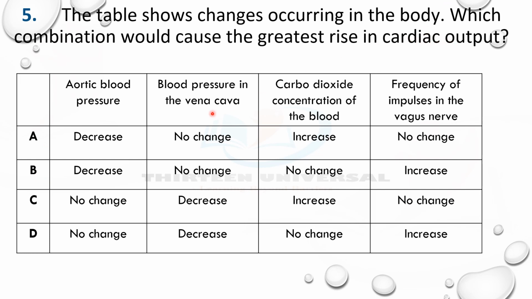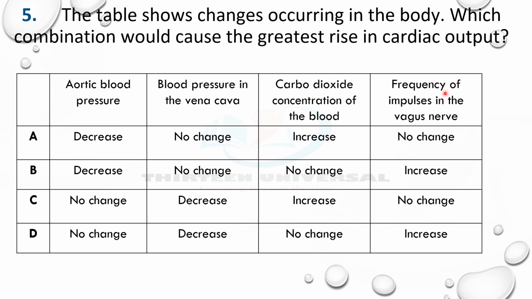Because it's contracting, the pressure in the left ventricle is higher than that of aortic blood, so aortic blood pressure will decrease. Blood pressure in the vena cava: the vena cava is bringing in blood, so there's no change in that. The carbon dioxide concentration will remain the same.